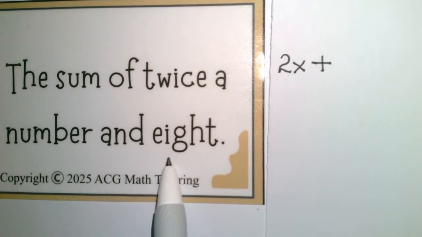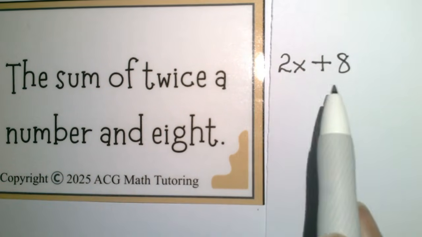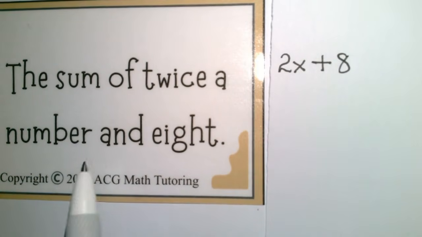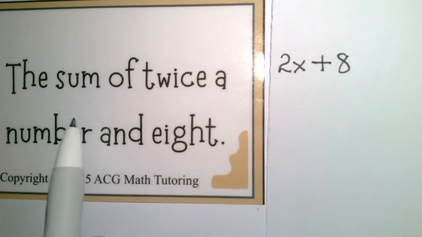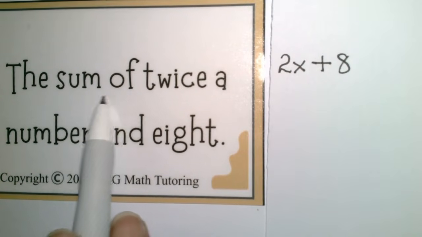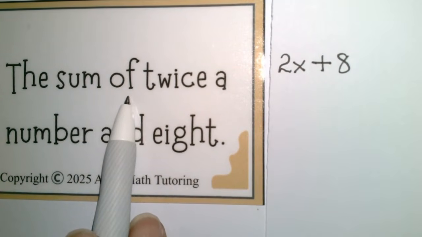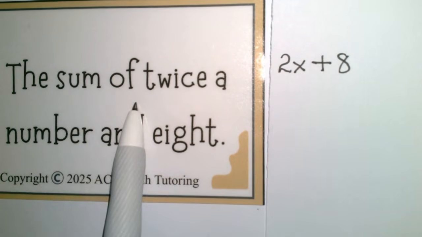But they're saying the sum of twice a number, so that's the first part. But the second part is and 8. So 2x plus 8. This plus sign is not coming from the and. No. The plus sign is coming from sum of. So anytime you see sum of, that means you're adding two things. If you see product of, that means you're multiplying two things.